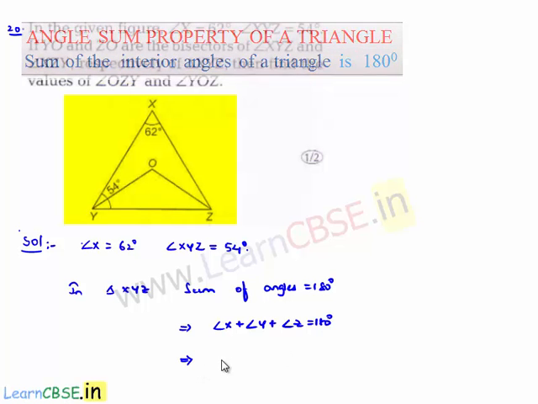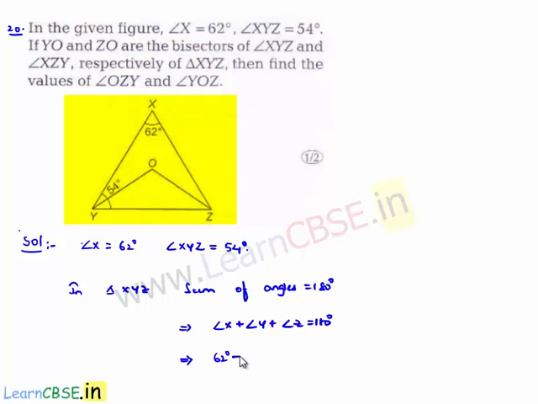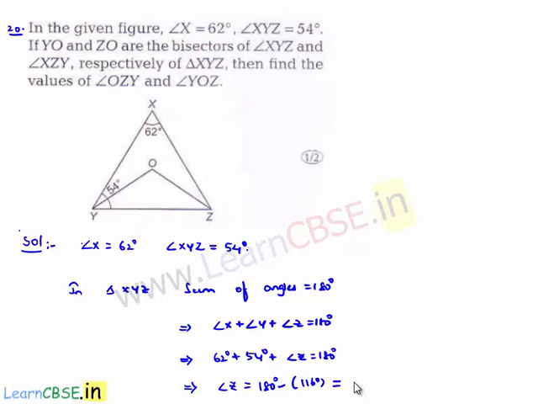That implies angle X, which is 62 degrees, plus angle Y, which is 54 degrees, plus angle Z is equal to 180 degrees. That implies angle Z is equal to 180 minus (62 plus 54), which is 116 degrees, that is 180 minus 116, which is 64 degrees. Therefore we got angle Z as 64 degrees here.